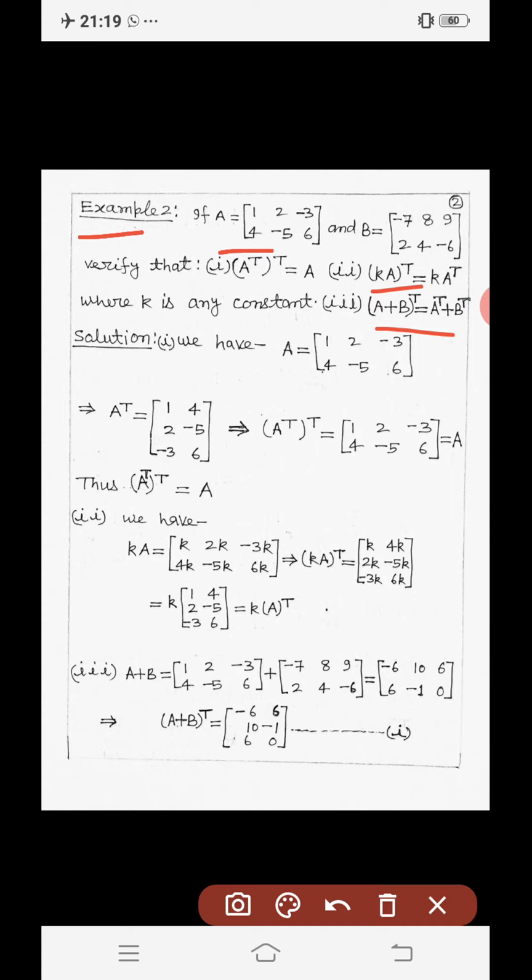We find the solution. We have A equal to 1, 2, -3, 4, -5, 6. After interchanging rows and columns, we get A transpose is equal to 1, 4, 2, -5, -3, 6.